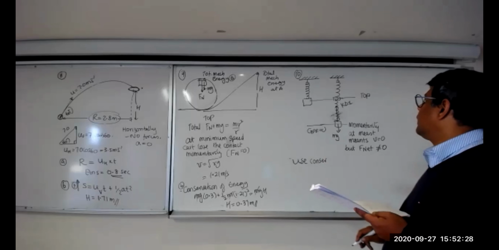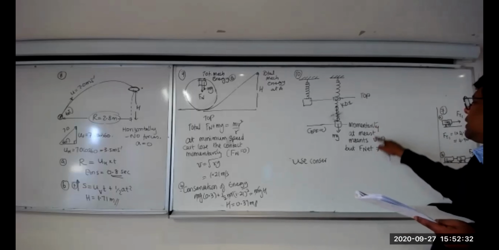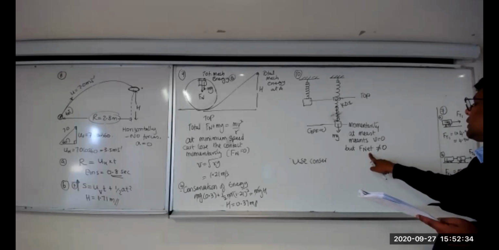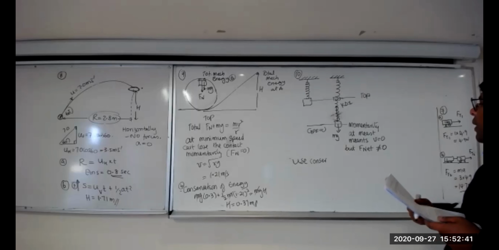Do not equate the two forces at this point. Although it's momentarily at rest, that doesn't mean the two forces are equal and opposite. No, the spring force is bigger. It's about to accelerate upward, to move back upward.